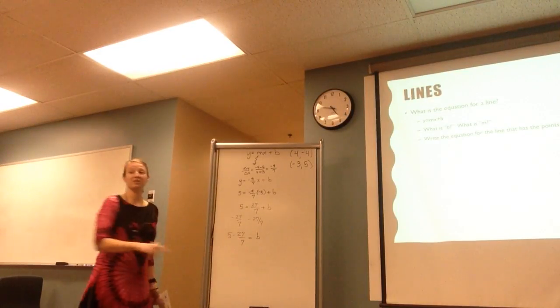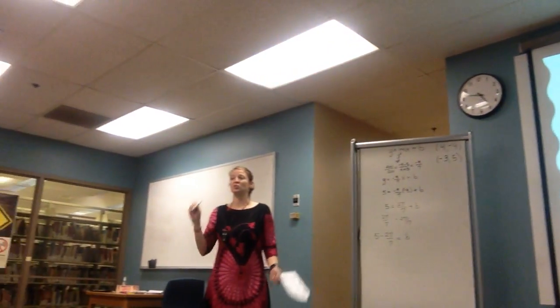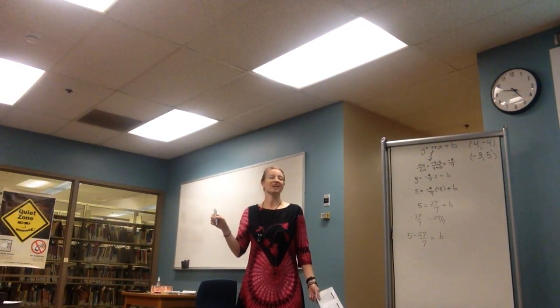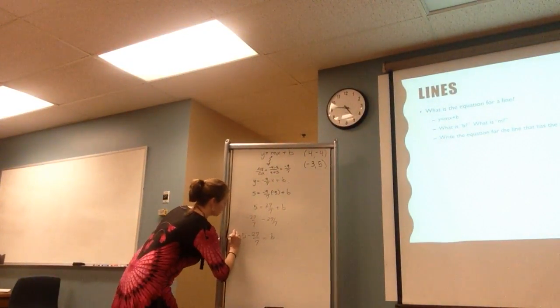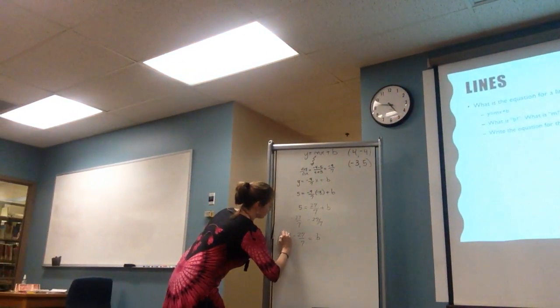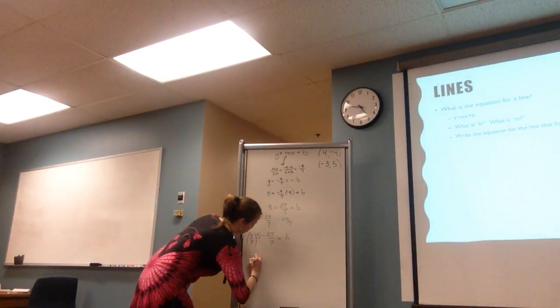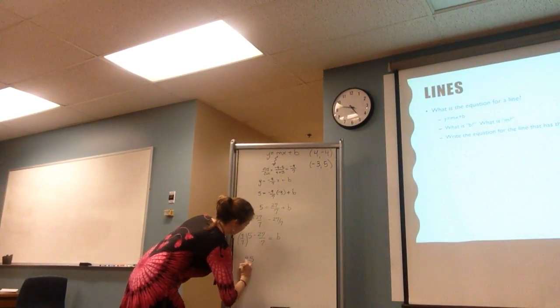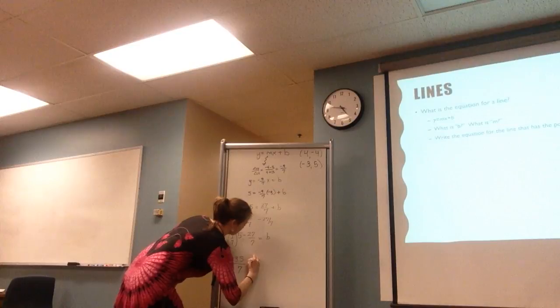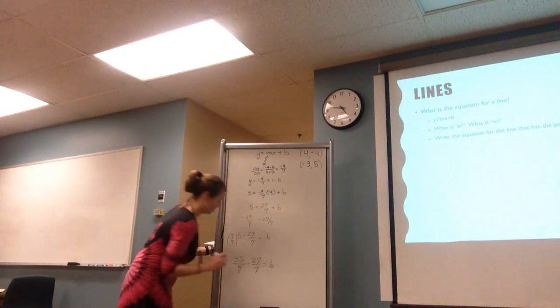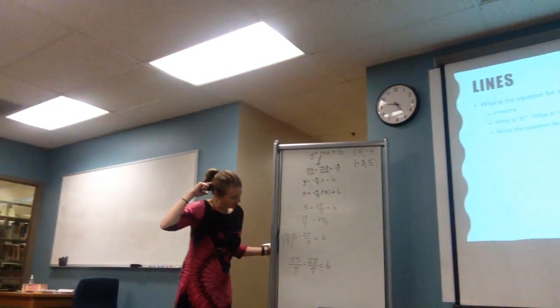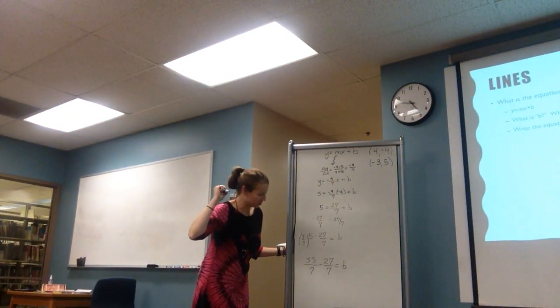And this brings us back to Monday. Adding and subtracting fractions, what's the first thing we should do? Common denominator. So I need a 7 under this 5. In order to do that, I need to multiply by 7 over 7. So I'm going to end up with 35 over 7 minus 27 over 7 equals b. 35 minus 27, 8.